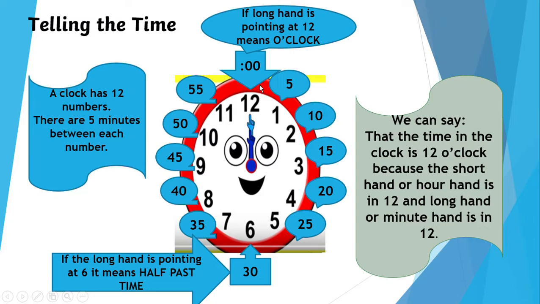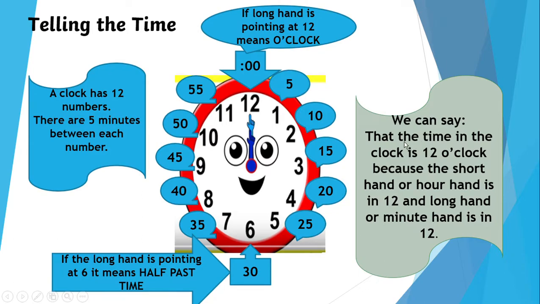If you do the skip counting of 5, you can see how many minutes there are one time around the clock. Let's do it together. 5, 10, 15, 20, 25, 30, 35, 40, 45, 50, 55, and 60. 60 minutes one time around the clock.